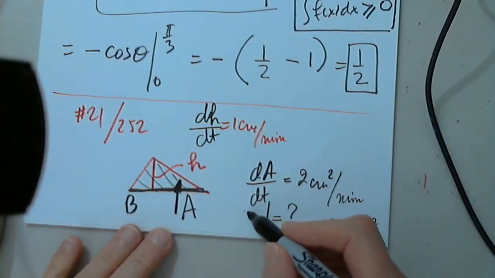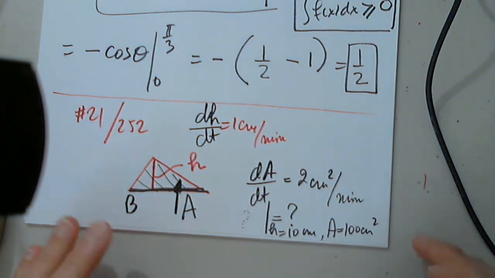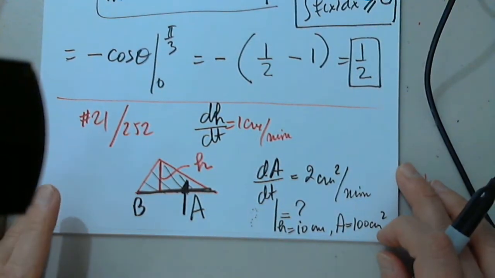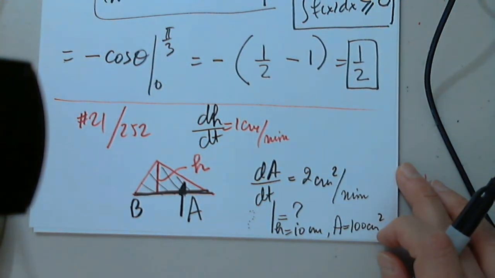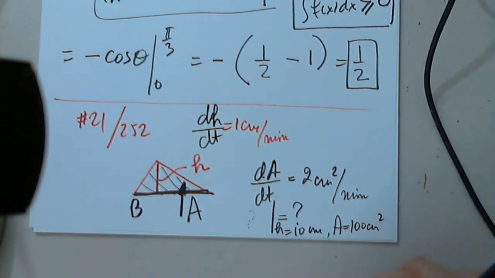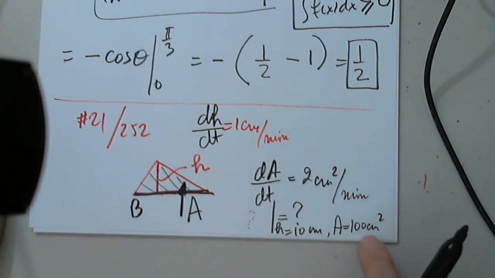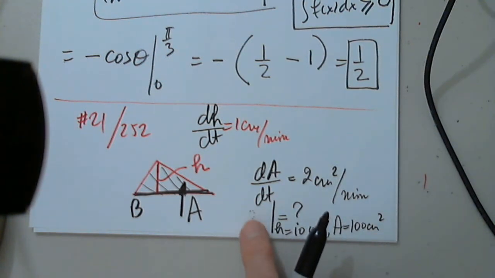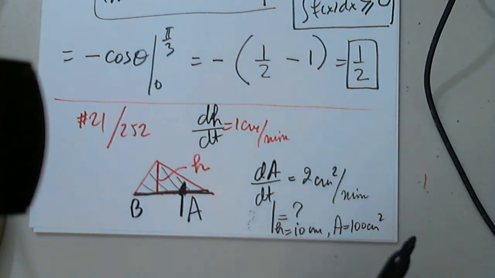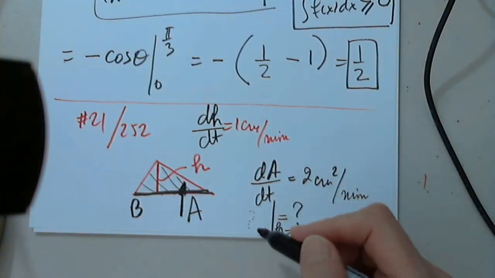So what is this? So what am I after when H is 10 and A is 100? Is it the length of the base?